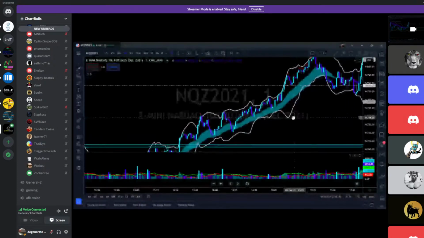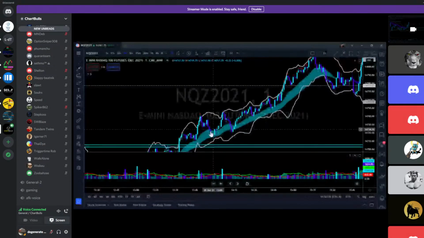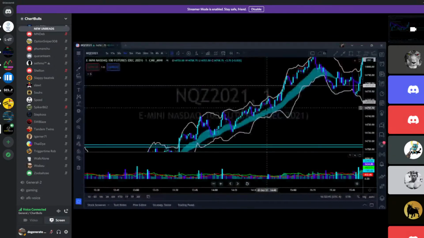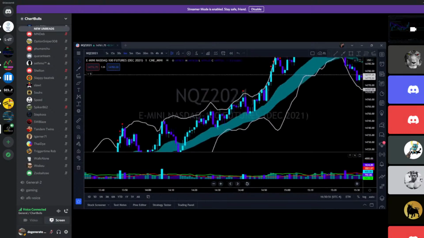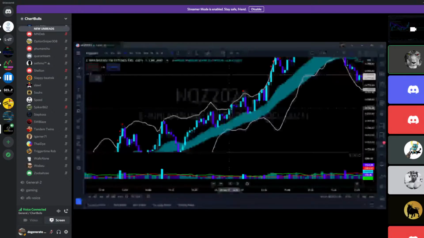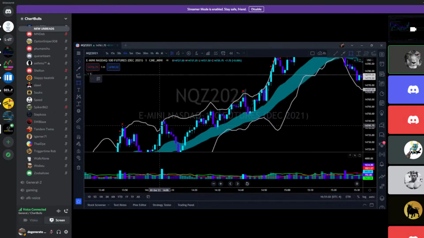I don't see a case to go short right here. Nowhere. Absolutely nowhere. And right here was an over-under setup. No, it got invalidated right there. Never mind. I was going to say that was an over-under setup.